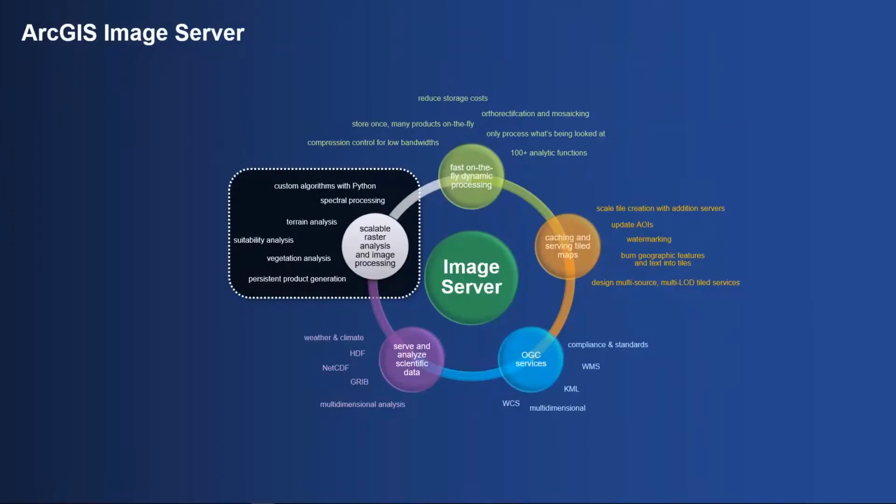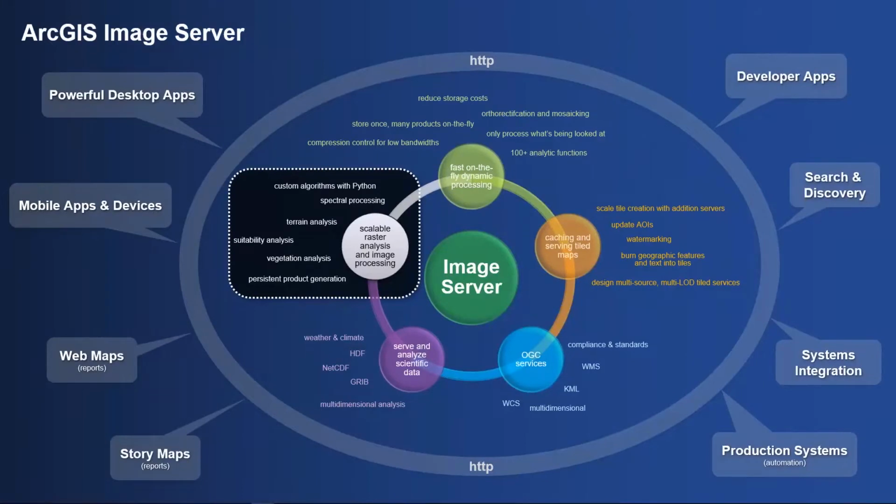Now, this slide covers capabilities and scalability of the image server. What I mostly want to call attention to is the other primary function of the image server, which is raster analytics, and you can see that portion in black. Now, analysis has traditionally only existed on the desktop, relying on the cores on your local machine to produce the results.